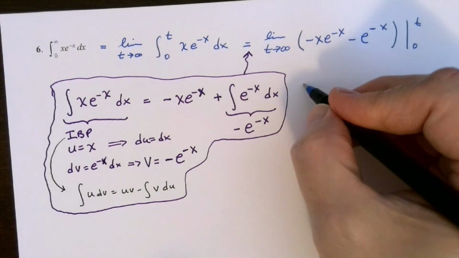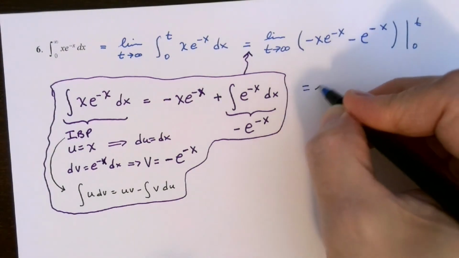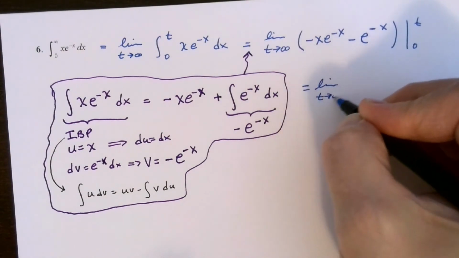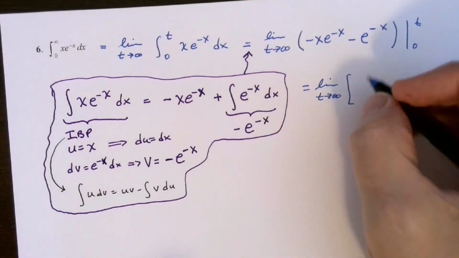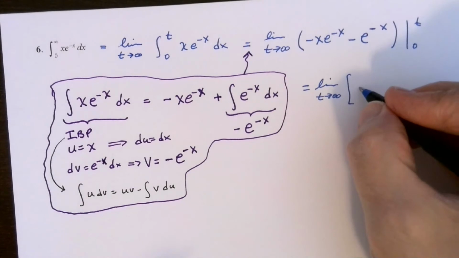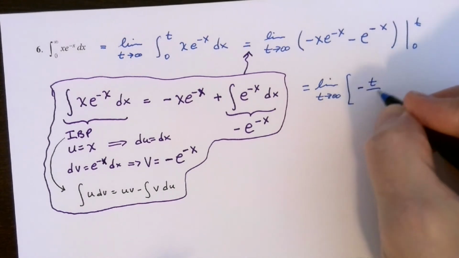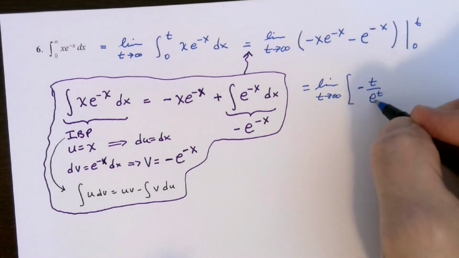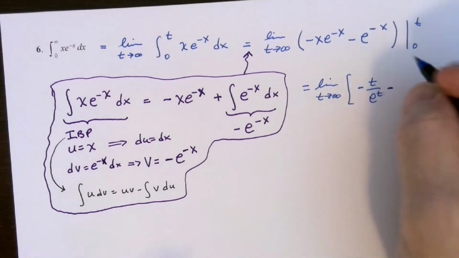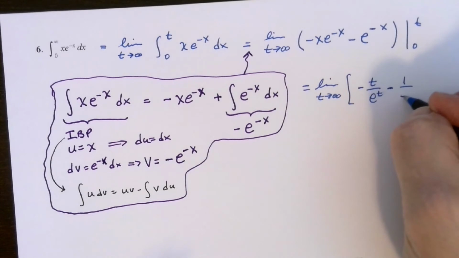Okay. And so what do we get here? We get the limit as t goes to infinity. If I plug in t here, I get negative t, and let me write this as negative t over e to the t, right? E to the negative t is 1 over e to the t. And minus what? 1 over e to the t.